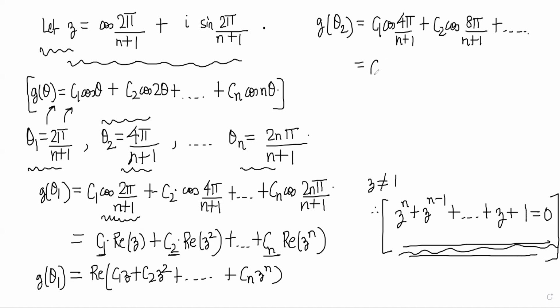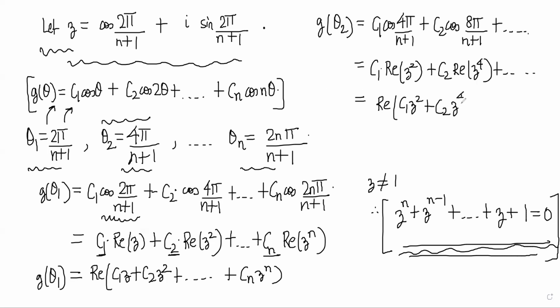So you will write this as C1 real part of z square plus C2 real part of z power 4, right? And so on. So this becomes real part of C1 z square plus C2 z power 4 and so on, right? This is g of theta 2, correct?